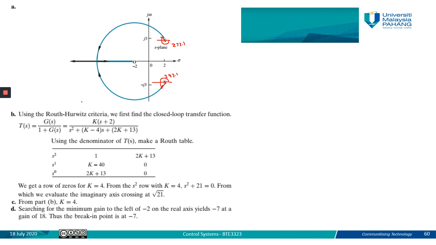The point here is the -7 breaking point, and here the crossing is j21 and negative j21. So this is how we can find the different values related to the root locus if we have the general form of the root locus in the beginning.